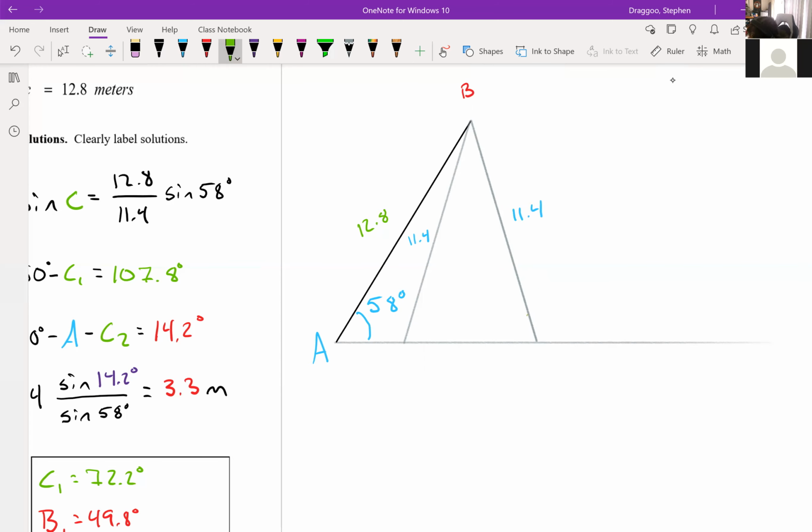And if I take a look at this angle here, the one where I cut away from angle A, let's try and make that an actual straight line. This is going to be my angle C1. And this angle over here should be my angle C2.